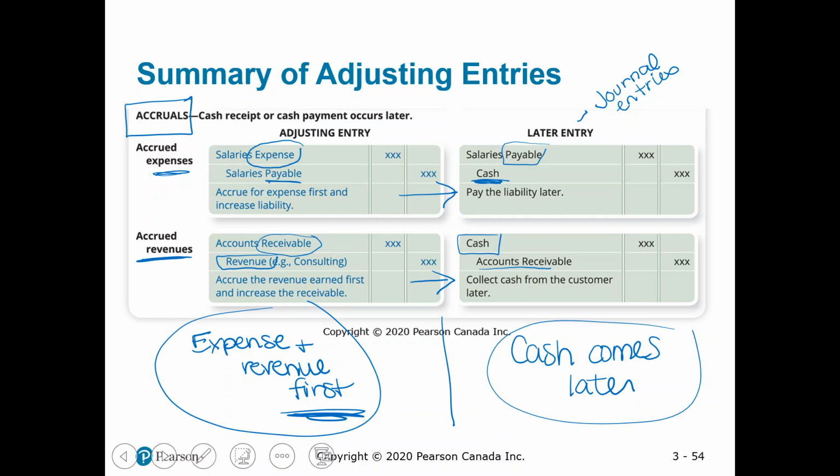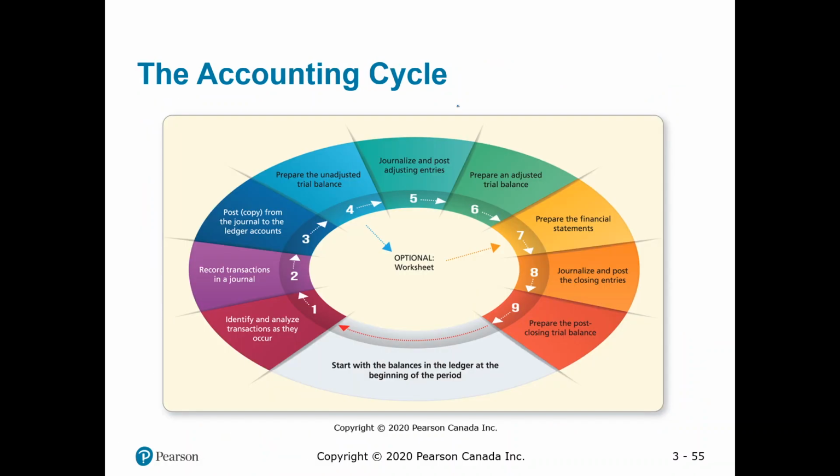So we've just gone through all of those different types of adjusting entries, our step 5 in the accounting cycle. And you see here that step 5 is to journalize, to record those entries and to post to T accounts. So it's just combining these two steps into one. So step 2 was just record journal entries and step 3 was to post.